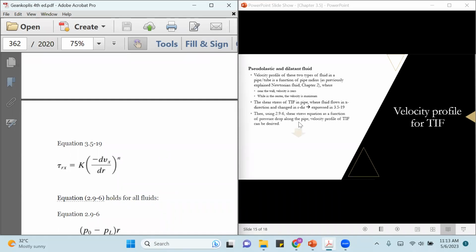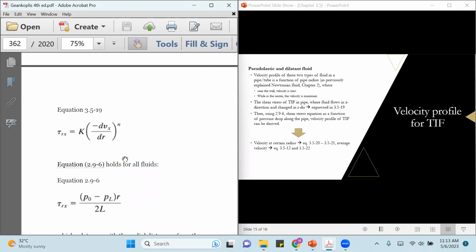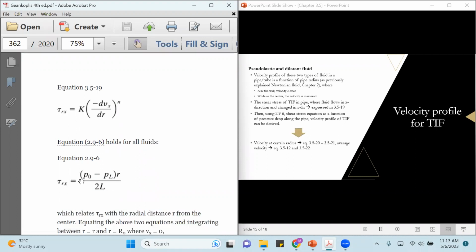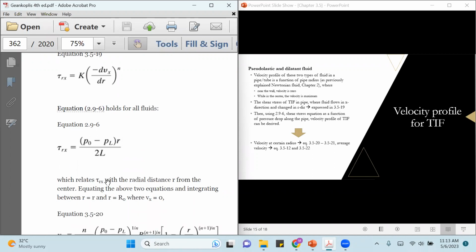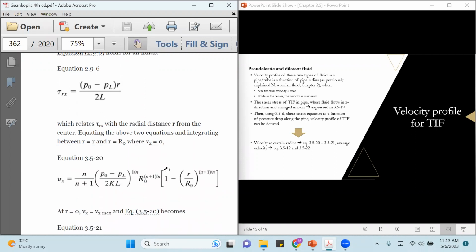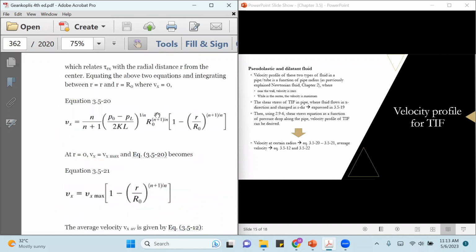Using this equation from chapter 2, we can get an equation to calculate the velocity at a certain radius. Vx is the velocity at a certain radius.